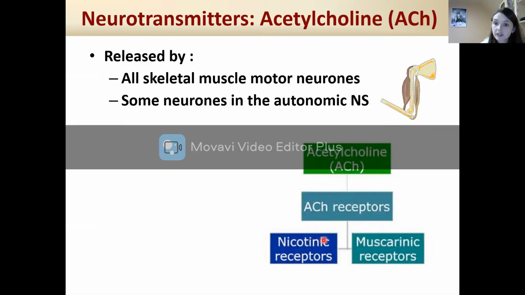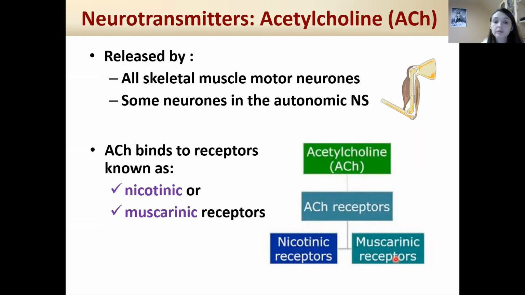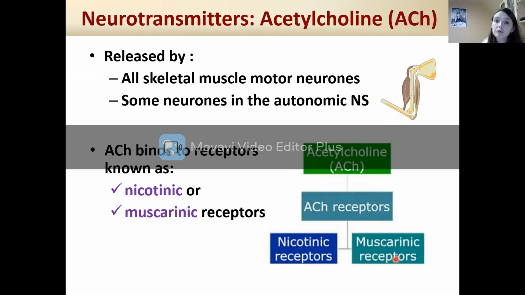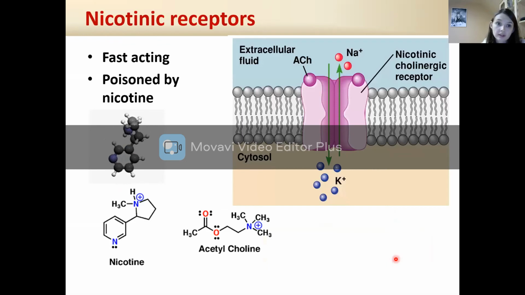Nicotinic receptors and muscarinic receptors. Mostly nicotinic receptors are found in the neuromuscular junction, and muscarinic receptors are found as part of the autonomic nervous system in the visceral organs.